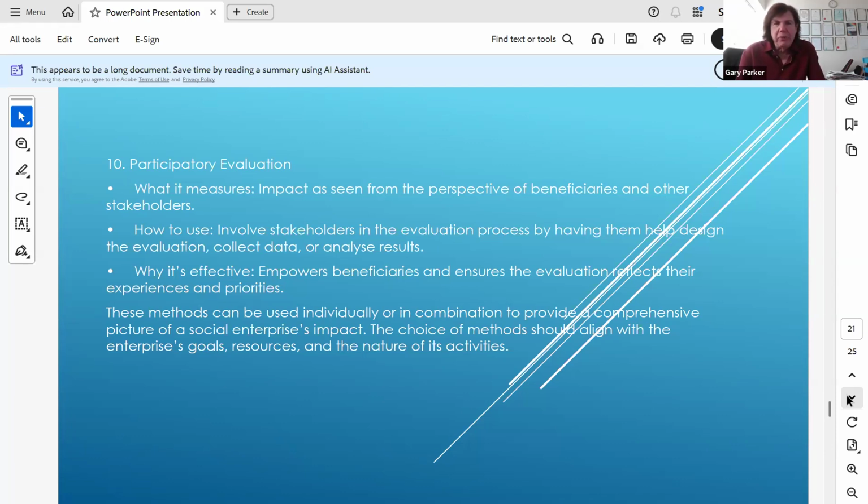And these methods can be used individually or in combination to provide a comprehensive picture of the social enterprise's impact. The choice of methods should align with the enterprise's goals, resources, and the nature of the activities. So all projects are different.